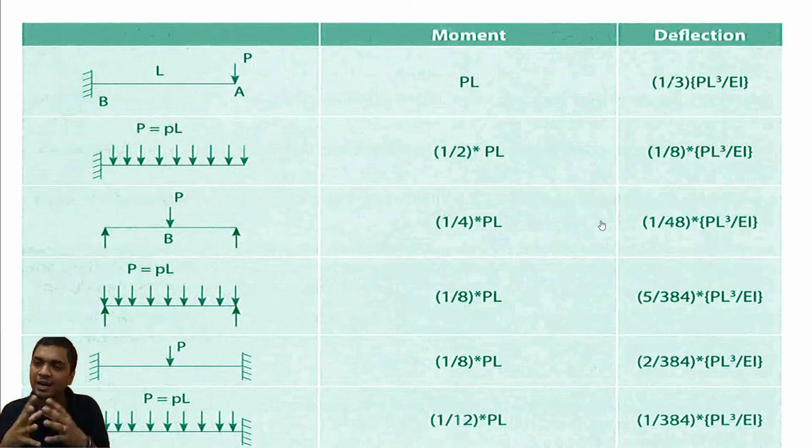Keep in mind that Timoshenko beam theory is a modified version of Euler-Bernoulli beam theory. But for this classroom, I'm going to take Euler-Bernoulli beam theory as an example.